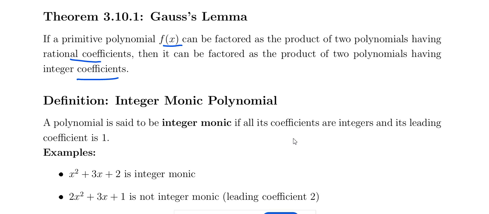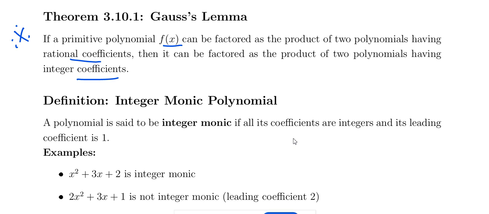The integer monic polynomial is also a very important one. The Gauss lemma means a primitive polynomial that can be factored as a product of two polynomials having rational coefficients can also be factored as a product of two polynomials having integer coefficients.